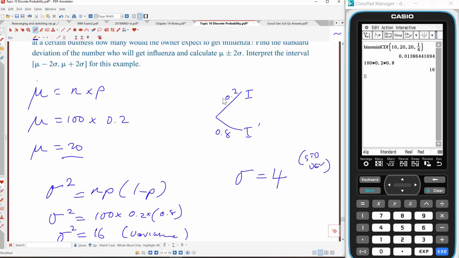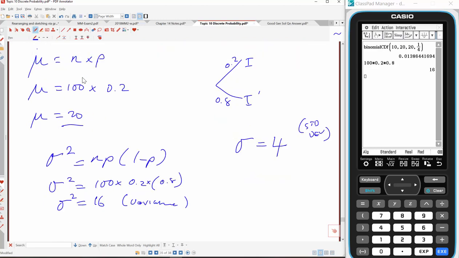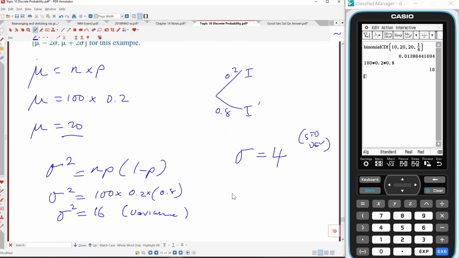So let's work out the interval. The mean is 20, and 1 standard deviation is 4, so it's going to be 20 take away 2 times 4, 2 standard deviations to the left. That's 20 plus 2 times 4, 2 standard deviations to the right. That's going to be 12 to 28.